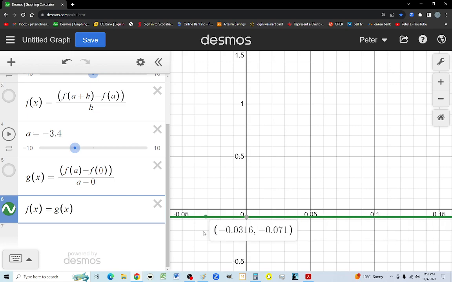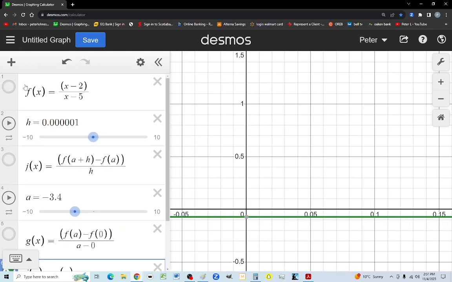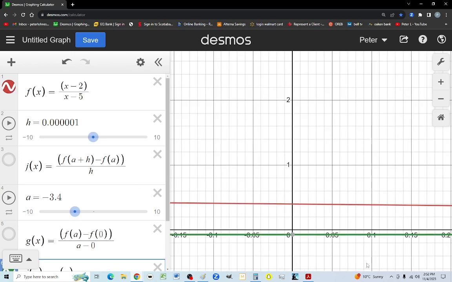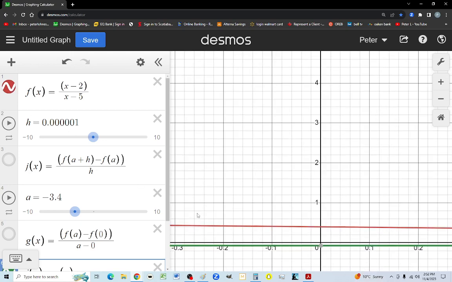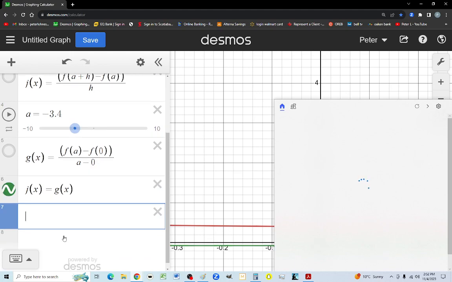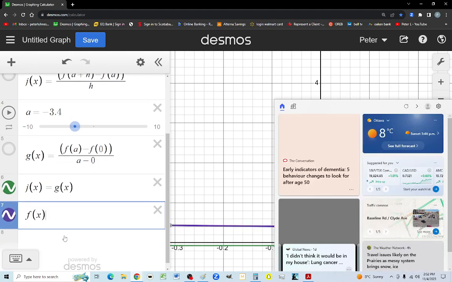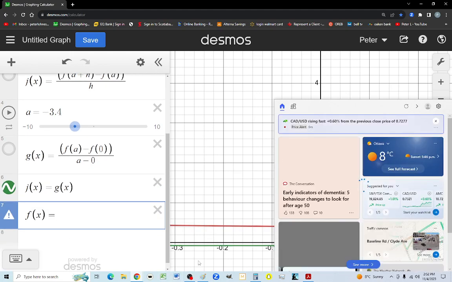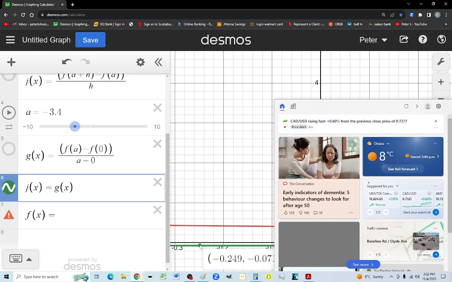There's a whole bunch of points along there. Let's turn this graph back on. Okay, when does f of x equal, let's find that again, negative 0.71.